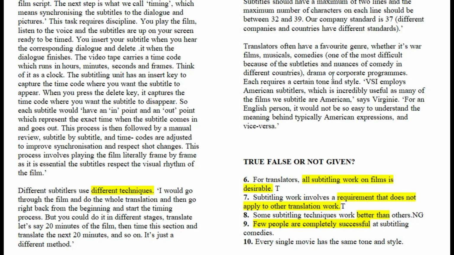It hasn't mentioned that most of the people who are offered subtitling cannot complete it. So there is no indication of the majority of people being unsuccessful in this case. That's why we can't take it, and we can see that here we stop. We can't find anything else about subtitling comedies. So we turn to the answer as not given.